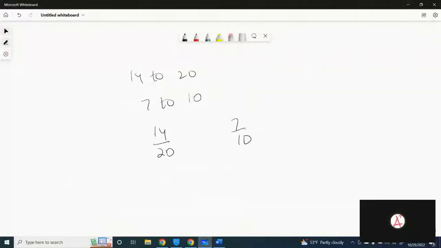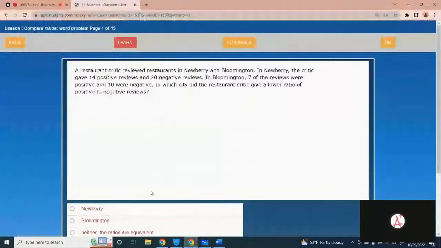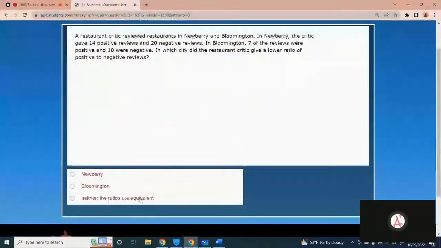So 14 over 20 equals 0.7, and 7 over 10 also equals 0.7. So you have to multiply them by 100. So it would be 70% and 70%. So they are equal. Got it? So both of the fractions are equal. Just select the correct option: neither, the ratios are equivalent. That would be the correct option. Then click on the OK button. Got it?